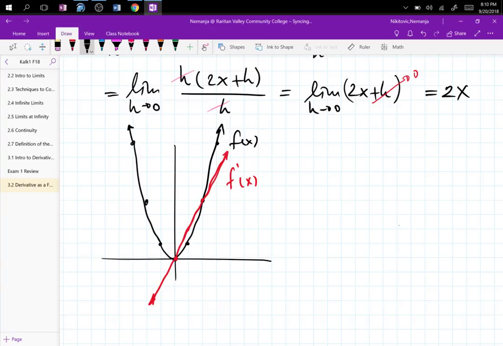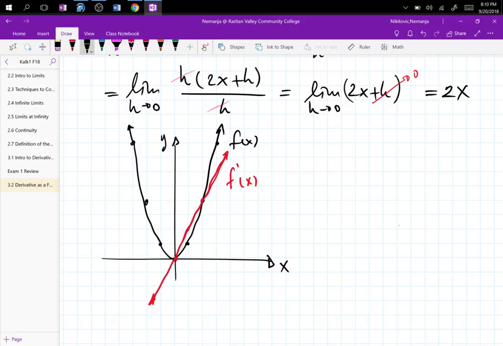So we know from last time that the derivative is a function. And in this case, it's a linear function. We have a quadratic function that is our input, and a linear function that is our output, in this case the derivative. So we can graph both of those on the same coordinate system, but then we have to be careful, right?